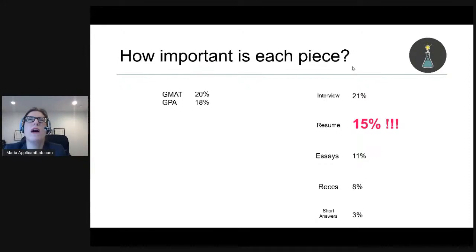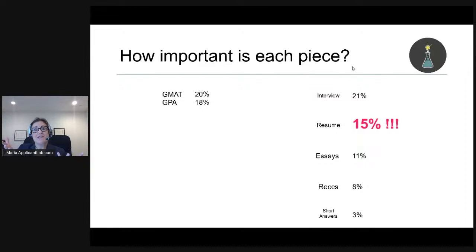But anyway, so why is the resume more important than the essays? Is that weird? No, it actually makes a lot of sense when you think about it, because the essays are going to give you opportunities to describe your previous experiences, right? To tell them details about how you accomplished certain things. But if I just read the essays without the resume, I am not going to have any context whatsoever for where you work, what your job is, what your day-to-day responsibilities are.